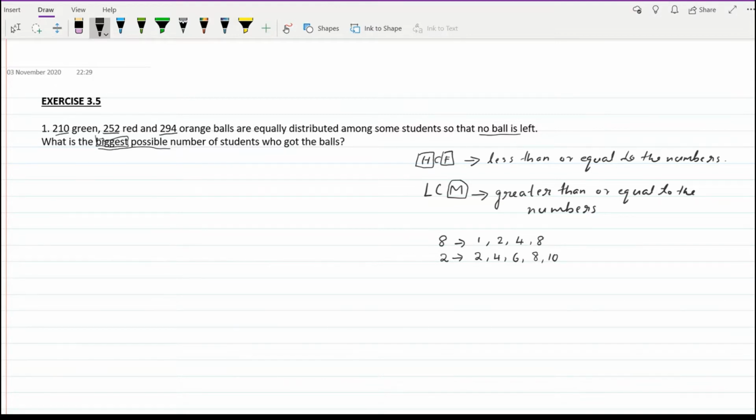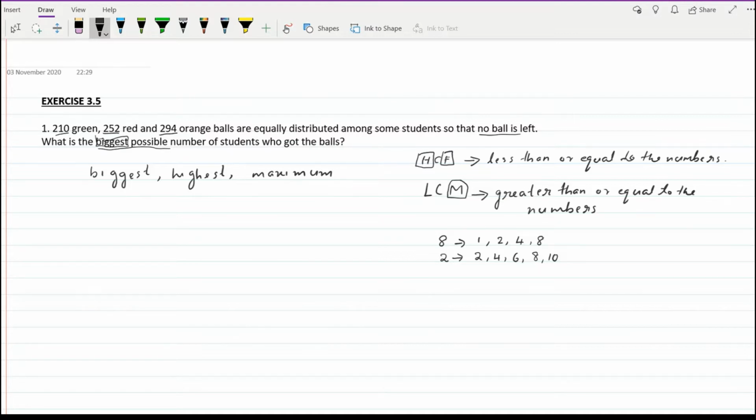If the question has words like biggest, highest or maximum, then we can directly find the HCF. Here the biggest possible number of students is asked. Therefore, it is clear that we have to find the HCF of 210, 252 and 294.